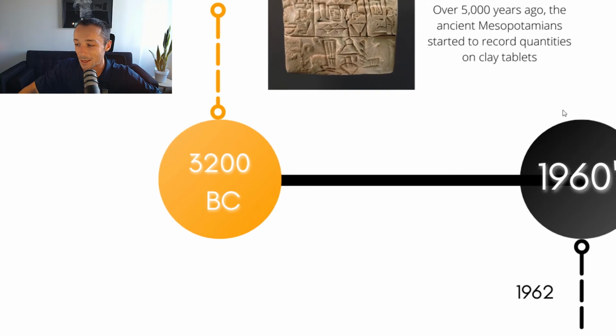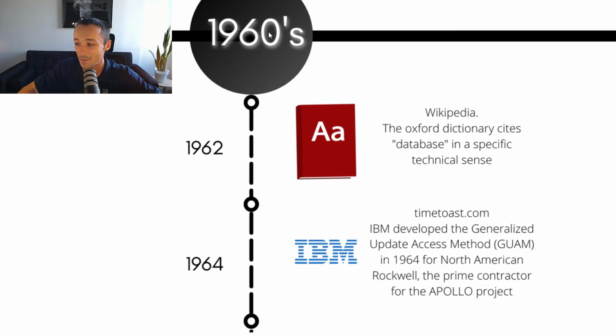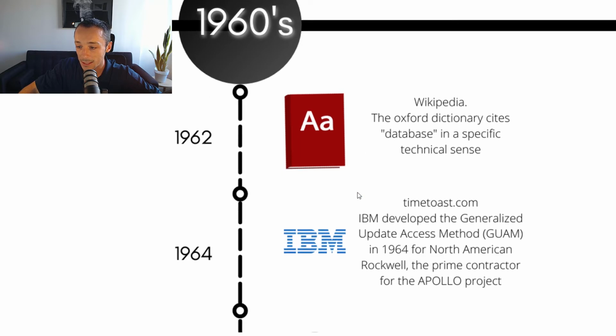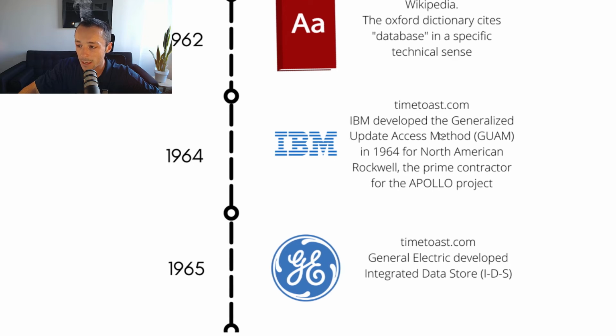Fast forward, not much has happened between 3200 BC and the 1960s. But as we see here, this is when the emergence of modern day databases really starts to come to fruition. The Oxford Dictionary cites database in 1962. IBM hits the scene and they developed the GUAM method for the Apollo project, which is quite interesting.